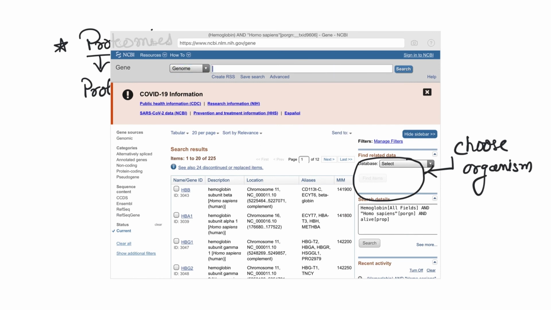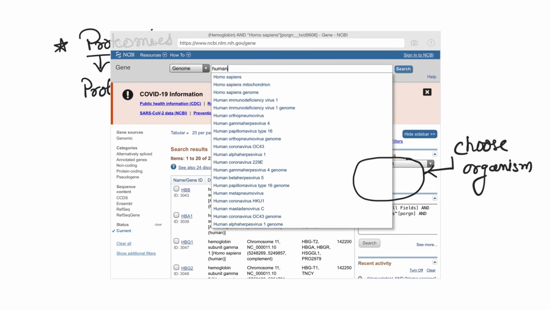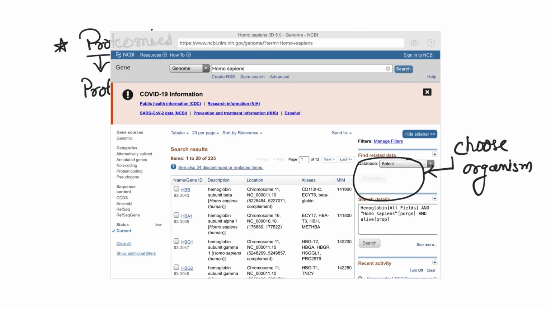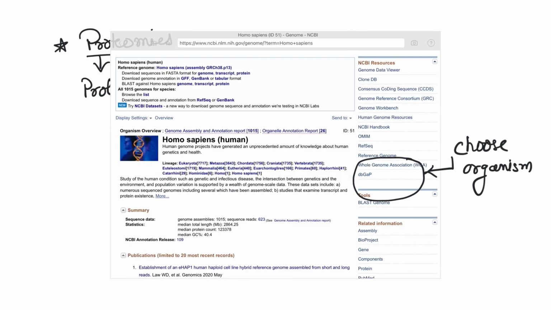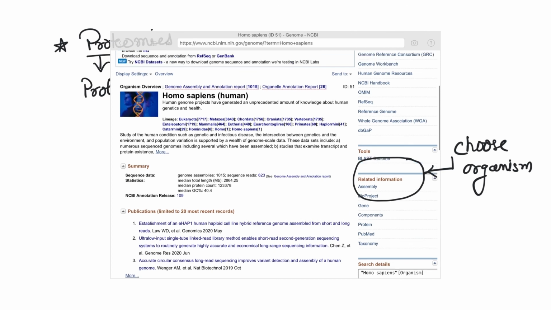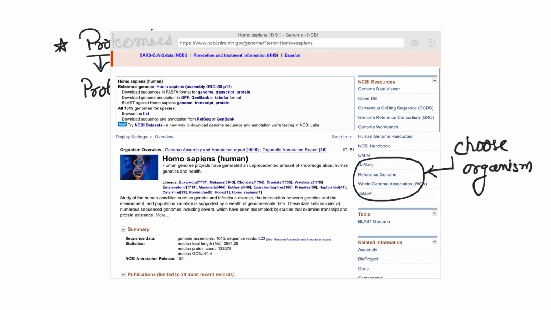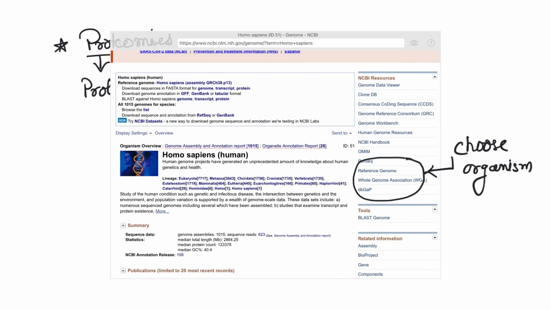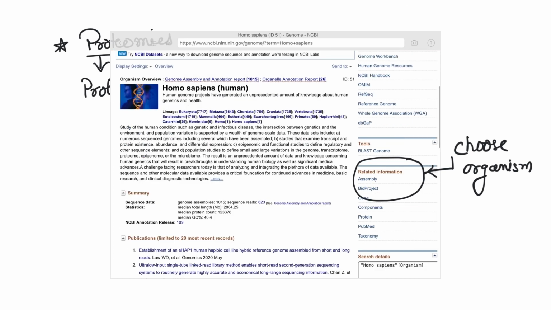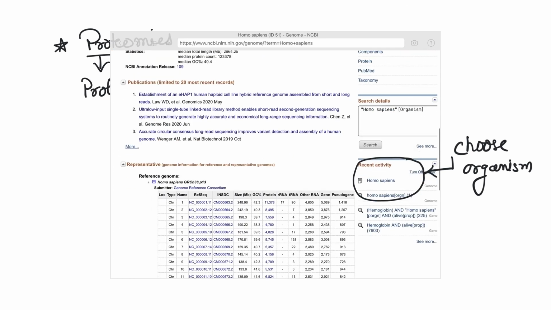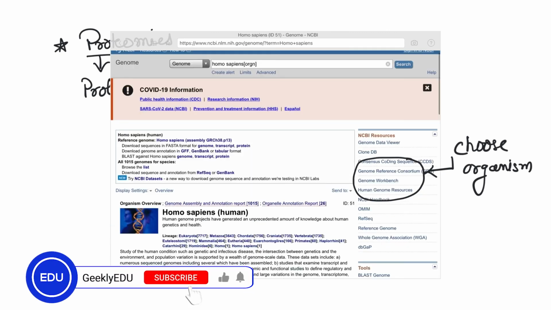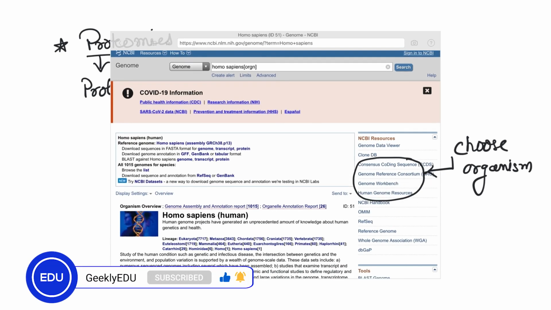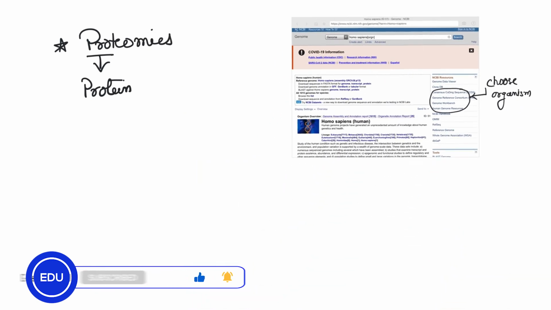Once we chose humans, we could get the human hemoglobins, different chains. Now, if you talk about the human genome, you can also get the human genome. All of this is a whole data set that consists of the set of all genes, which is around 20,500 as of our latest understanding. I hope this video helped you to understand all about genes, all about genomes, and how we preserve all this data.